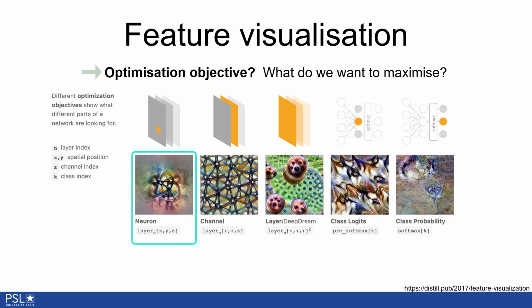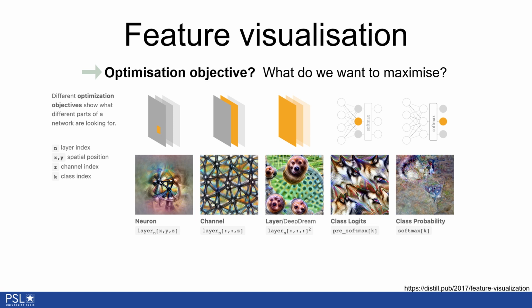Because of the structure of a convolutional layer, all neurons within a given channel have a similar type of preferred input, but centered in different patches of the image. So instead of optimizing the activity of a single neuron, we may want to optimize the activity of the full channel. The images that I showed you on previous slides were obtained precisely by optimizing channel activations.